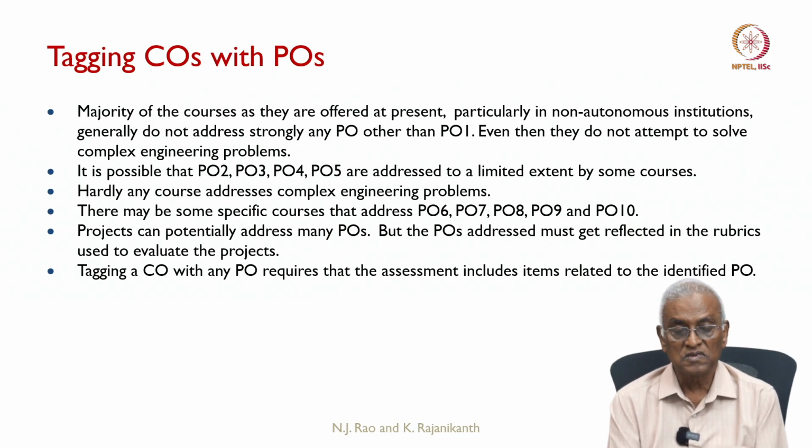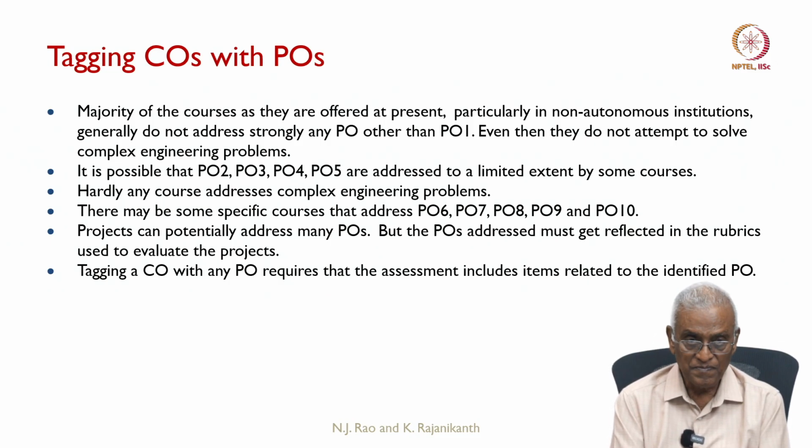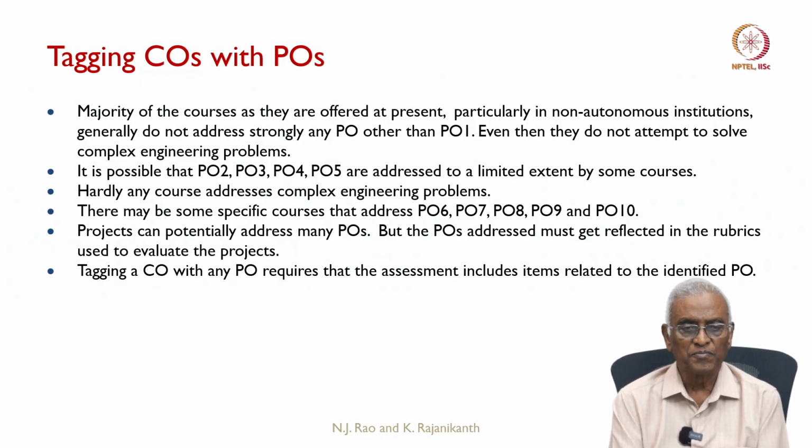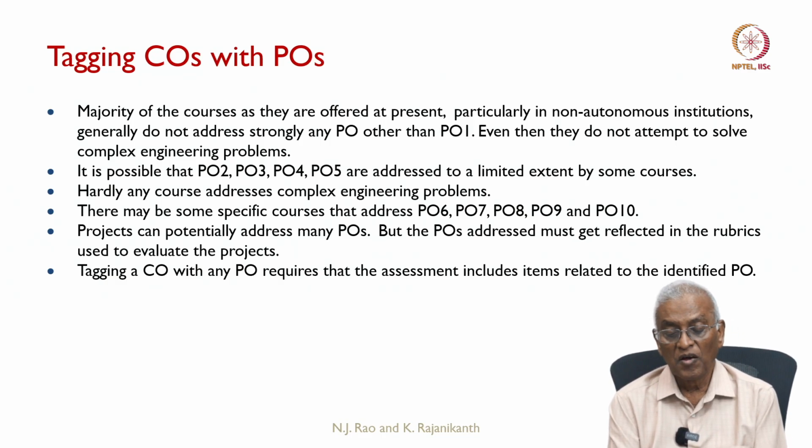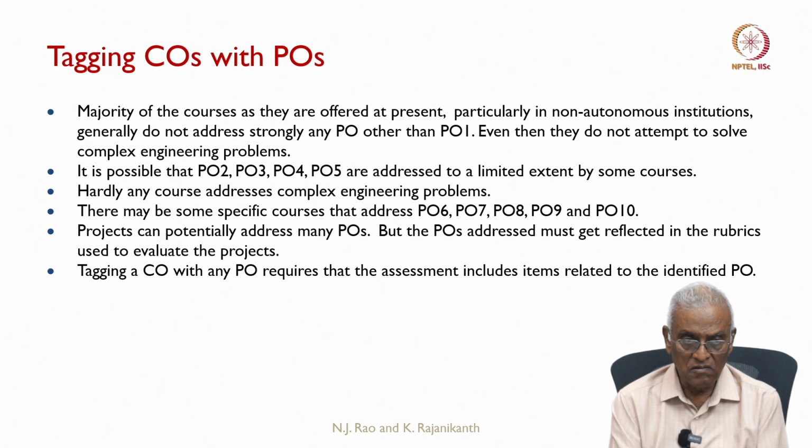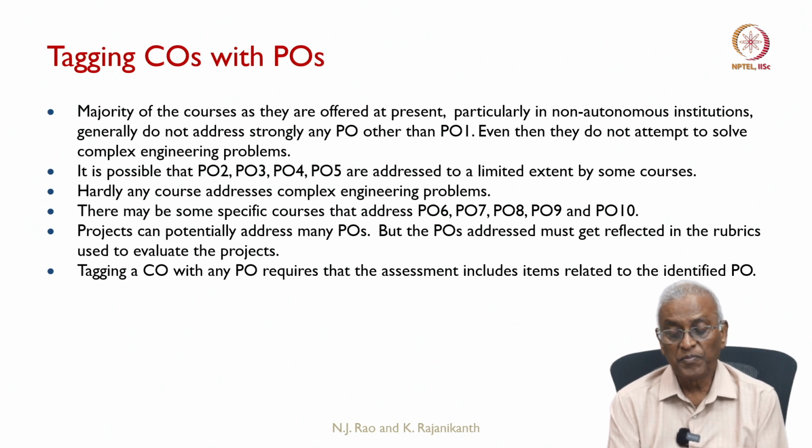That is PO6. PO7 is ethics, and some programs do have a professional ethics course. PO8 is related to group activity, and PO9 is related to communication, and PO10 is related to what we call project management.